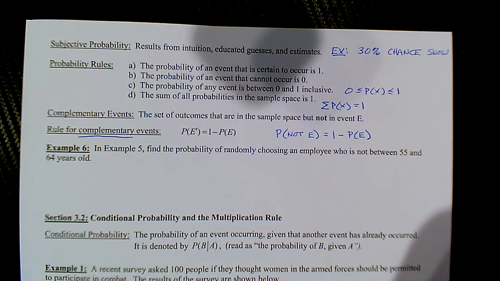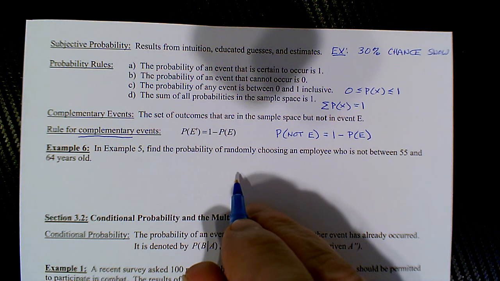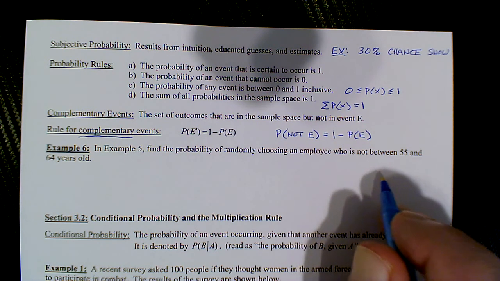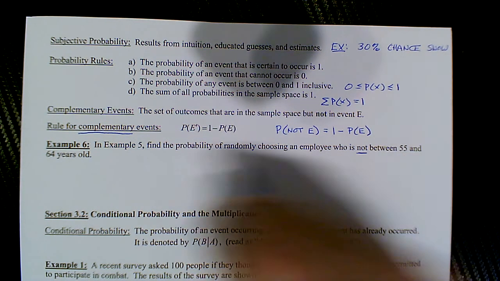Okay, so in example 5 from the previous page, it says find the probability of randomly choosing an employee who's not between 55 and 64.